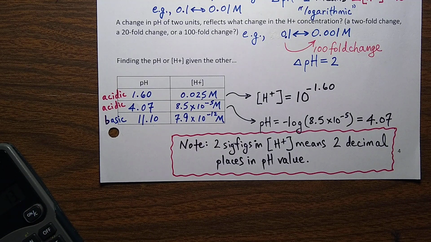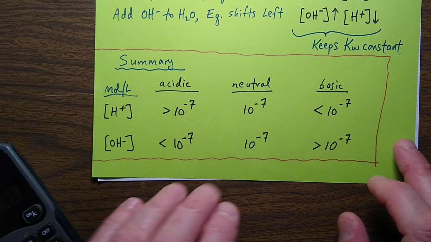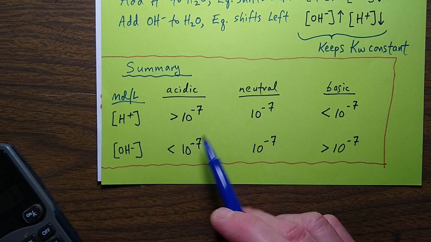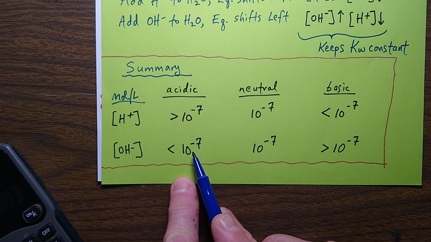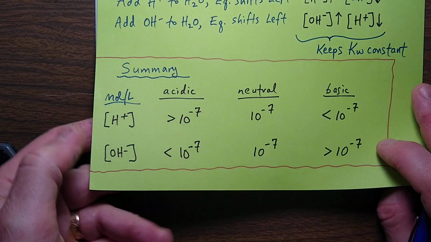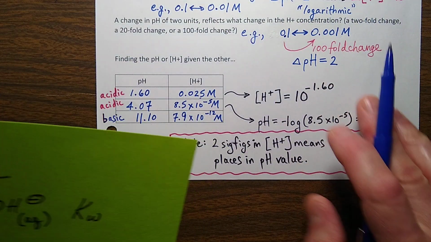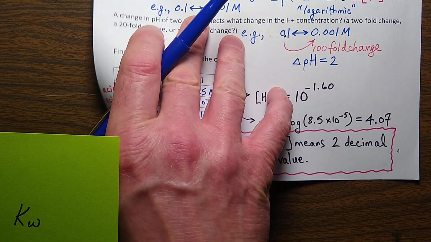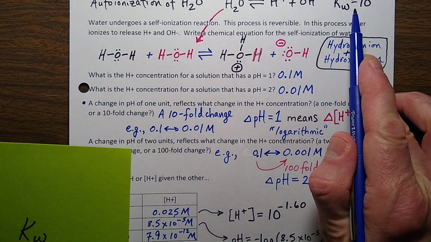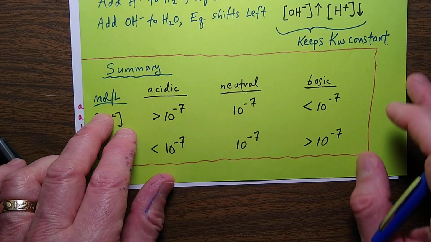Let's see here. I want to put this back up just to stress how important this is. So notice again that whether you're acidic, neutral, or basic, there is a very important relationship between the proton concentration and the hydroxide concentration. Since they both multiply to this number, they will always have this relationship.